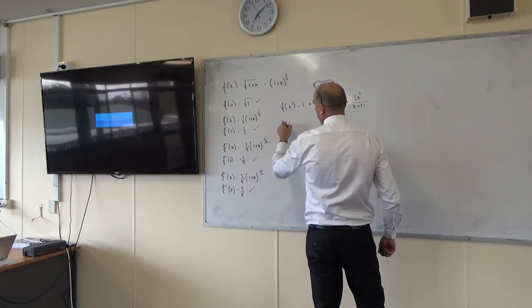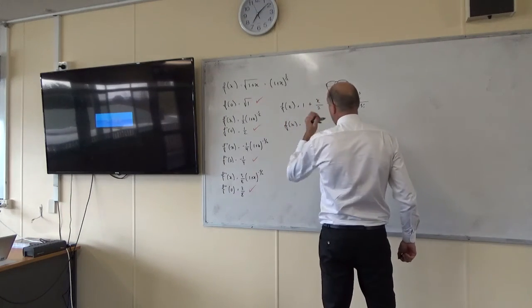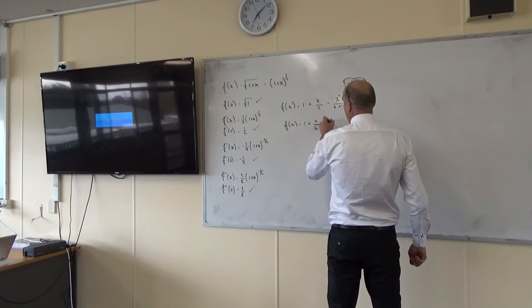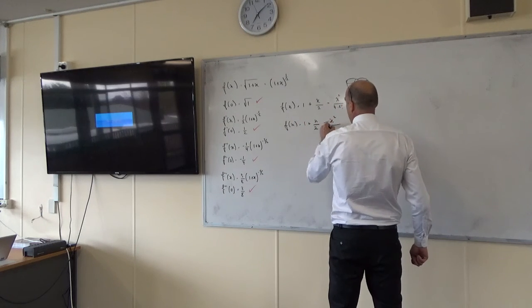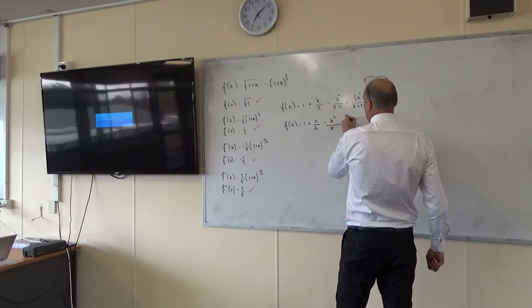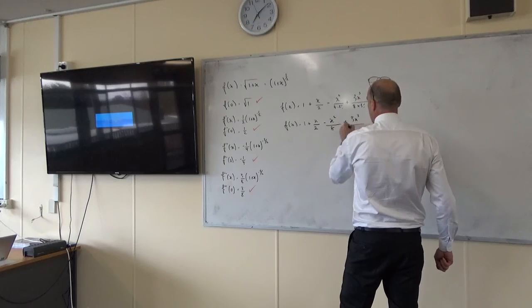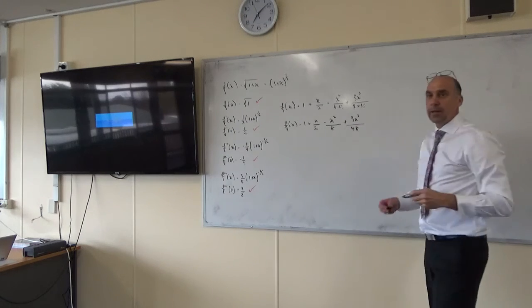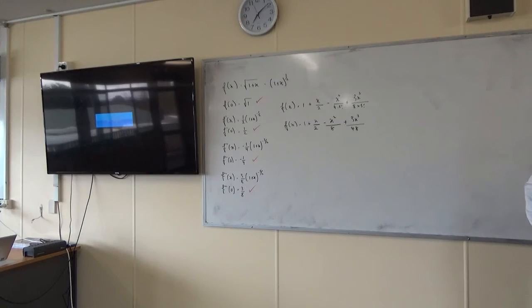So we get f of x equals 1 plus x on 2 minus x squared on 8 plus 3x cubed on 6 times 8, which is 48. Okay? And that's my Maclaurin series for that.